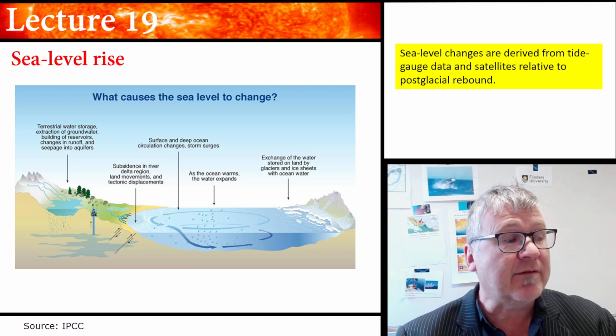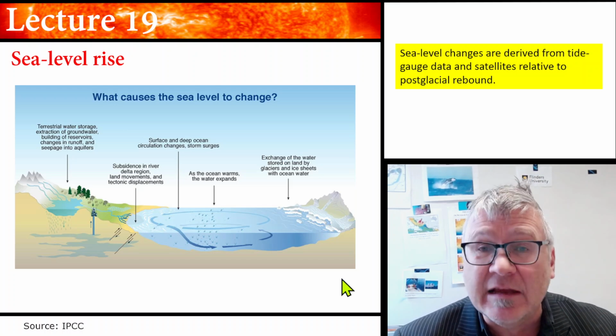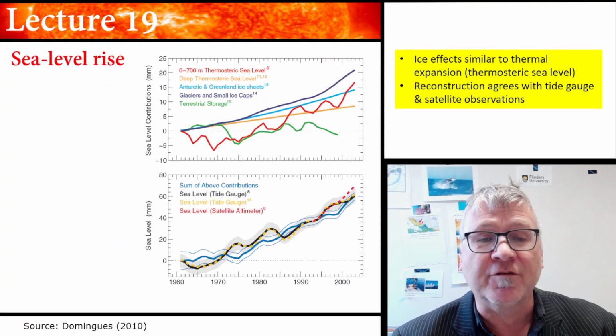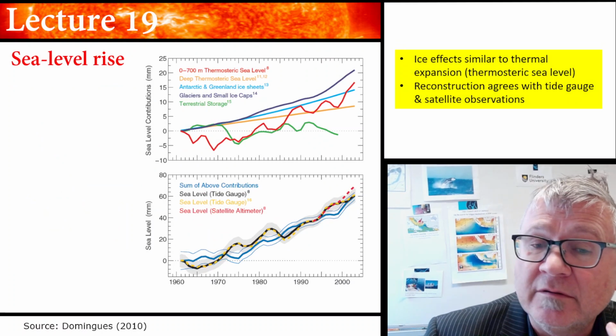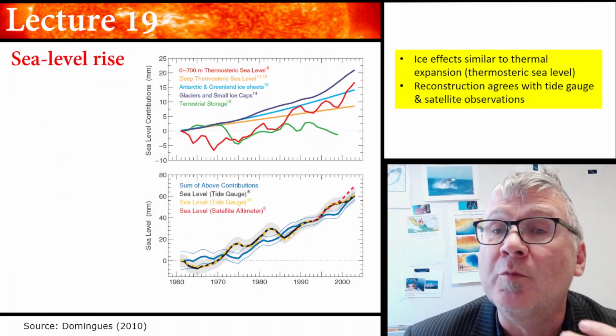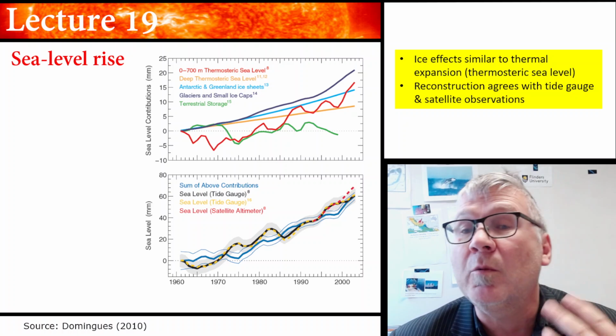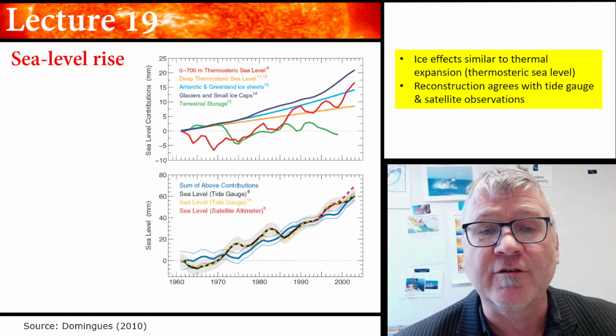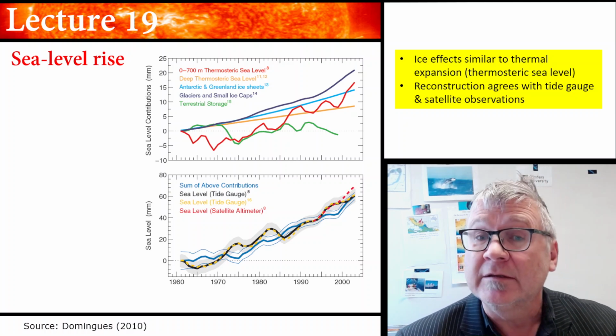Anyway, so let's have a look at a reconstruction of sea level rise and the attribution of different causes. And this is from a study published by Katja Dominguez. Katja was a PhD student at Flinders University.